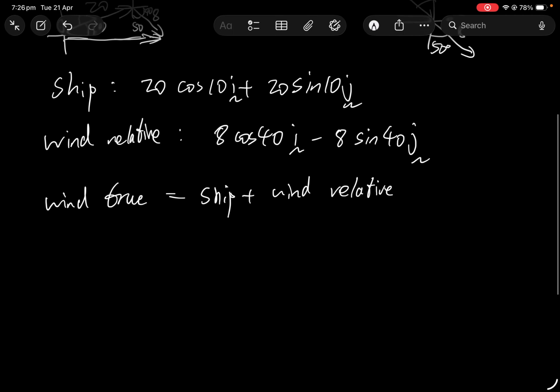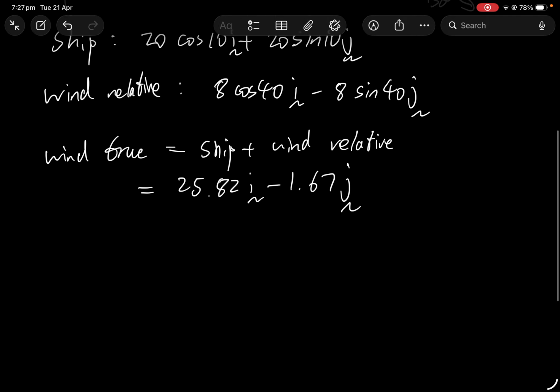And we don't really need to write it out because we can just add them together on the calculator, because we can't really do it in our head. 20 cos 10 plus 8 cos 40 will be 25.82 i, and then it'll be 20 sine 10 take 8 sine 40. That makes negative 1.67 j.